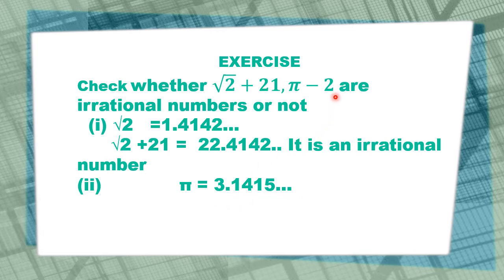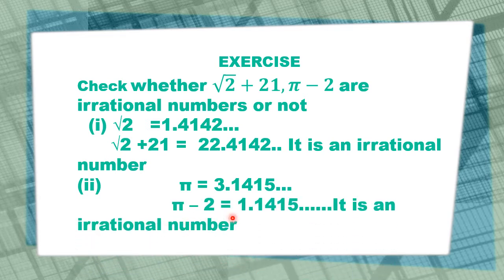We are going to subtract 2 from it. Any guesses? What will be the result? Yes, 3 minus 2 will be 1 and after the point the same numbers will be repeated as in the question, as in pi. Hence it is an irrational number. Why? Because it is a non-terminating and non-recurring decimal expansion.